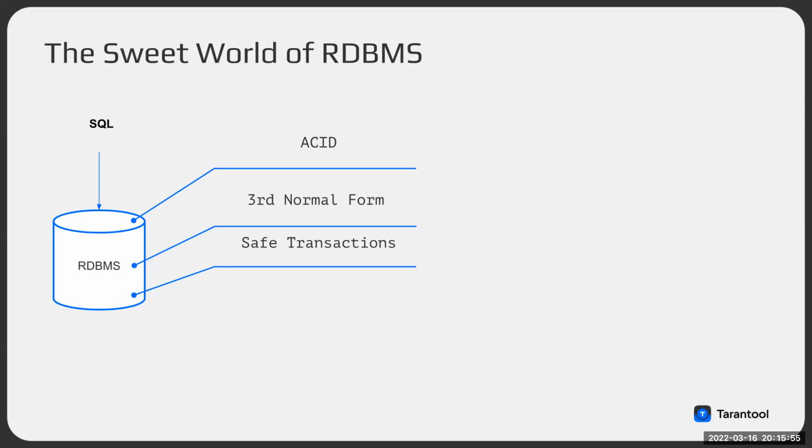Here on our home planet, the air is safe, it's acidic, if you get the joke. We have all the atomicity, consistency, isolation, and durability guarantees in our database. We tend to organize our data in normal forms and use all the benefits of normalization. Transactions can be consistent up to linearizable serializability, which is the safest way you can get.